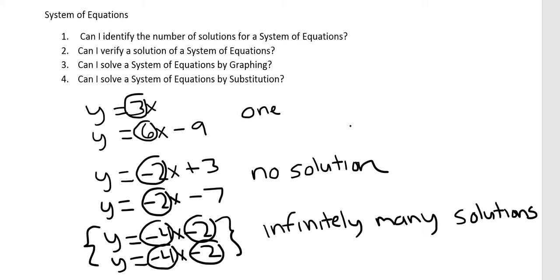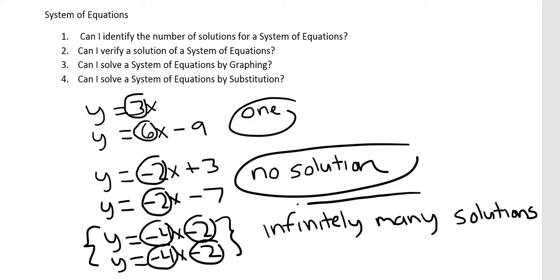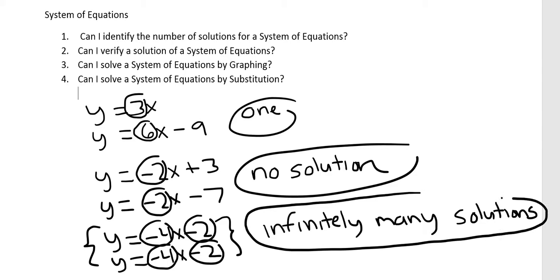And we actually are going to use this information in today's lesson. So that's why I wanted to review that with you. The next one, number 2, can I verify a solution of a system of equations?